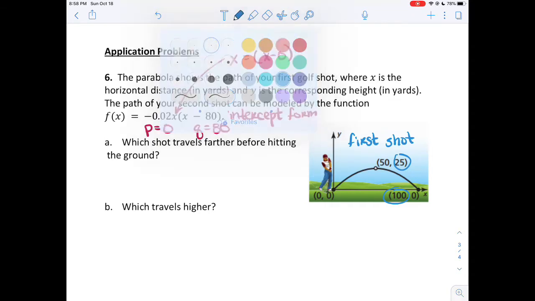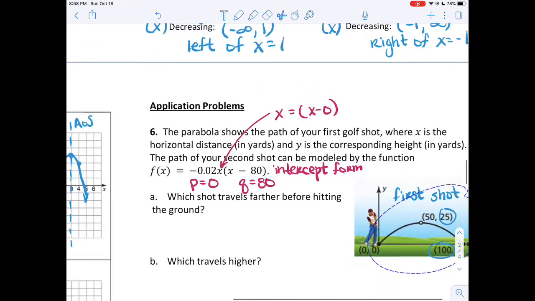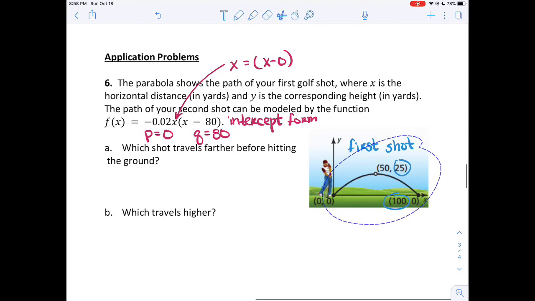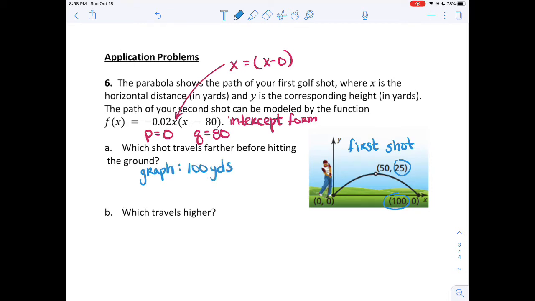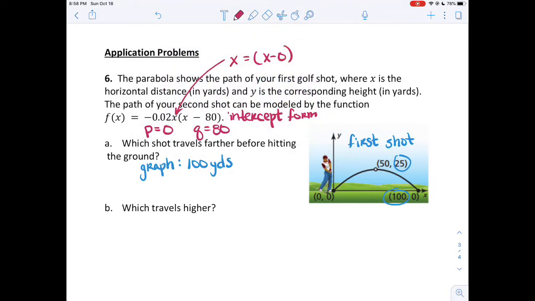If I look at the parabola for my first shot, I can see that my graph goes 100 yards. Now, my equation gave me a q value of 80.